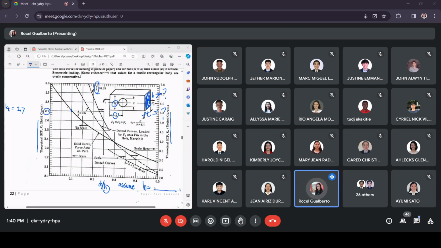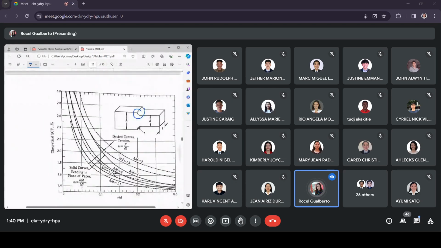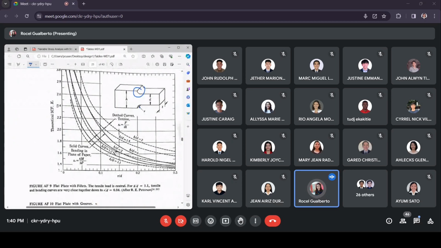Okay, so I'll give you a tip later when we have our sample problem on how you assume for a value. Okay, so let me continue. So this is how you obtain the value of your KT. For other figures, say for AF9, the value of KT is simply read on the left side, yung y-axis.